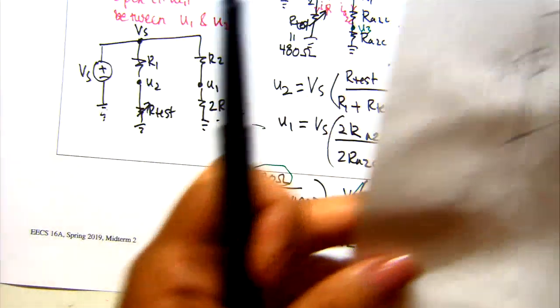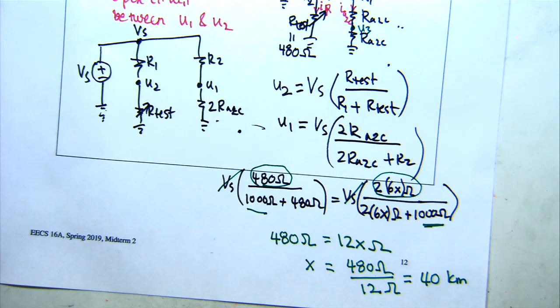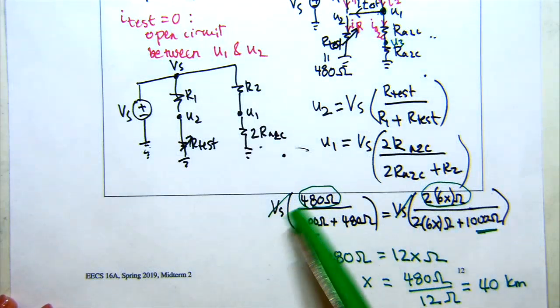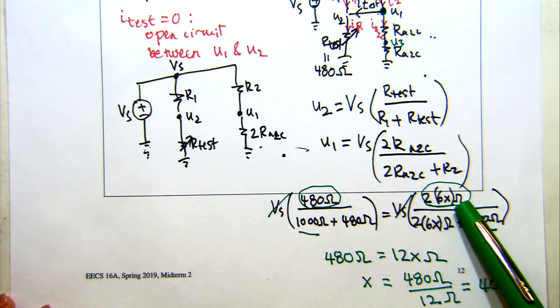Let me double check. Okay. Yeah, question. Could you solve for x by getting the equivalent resistance between what and what?